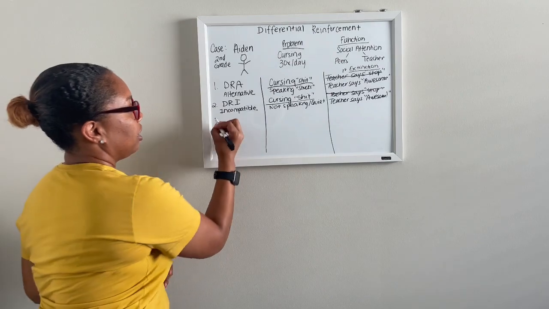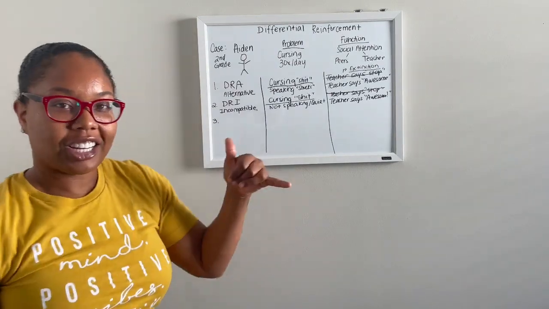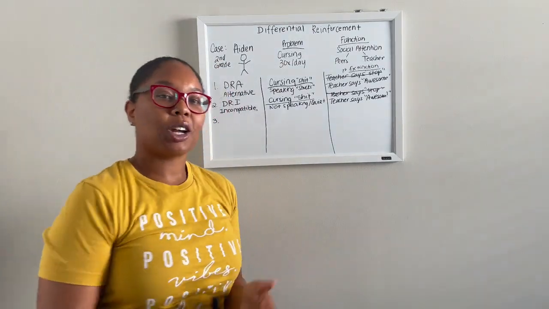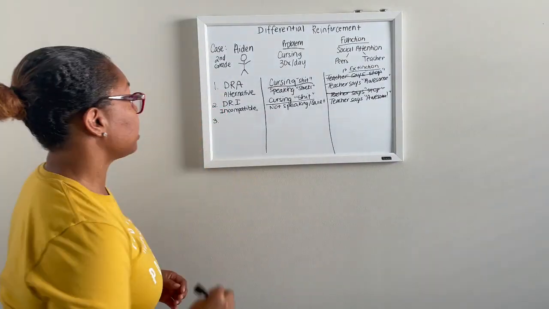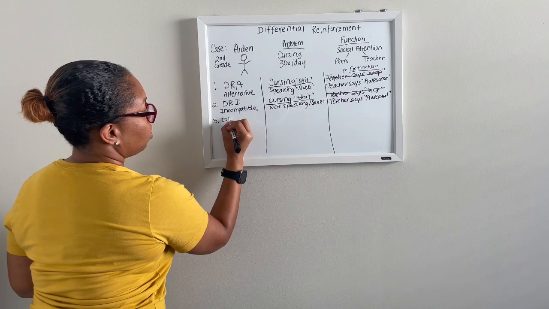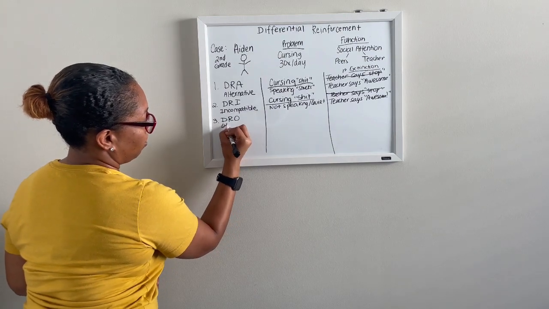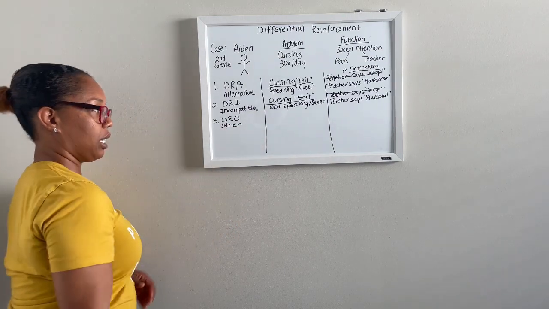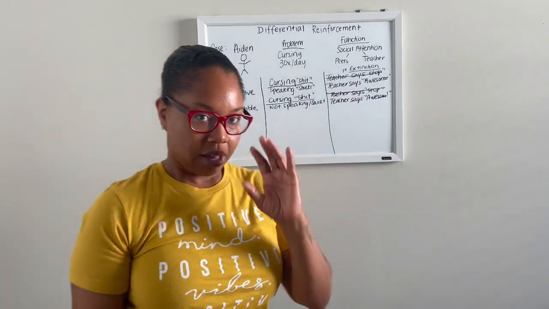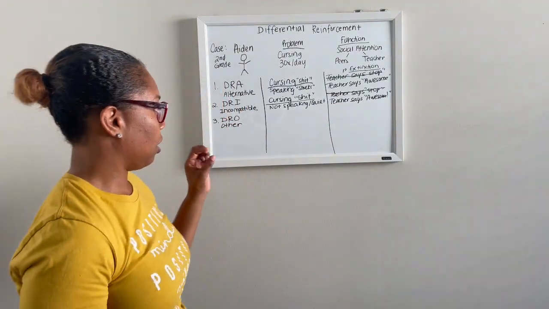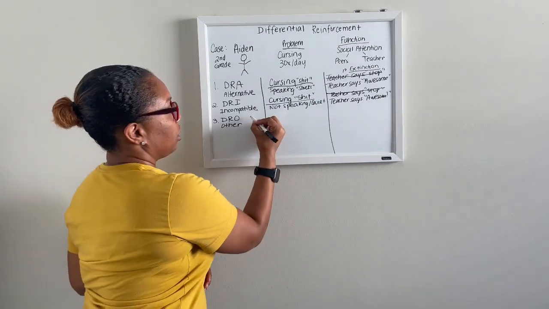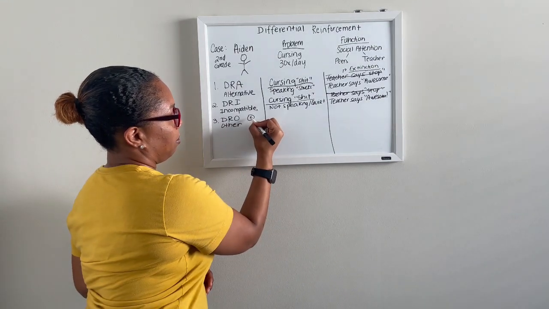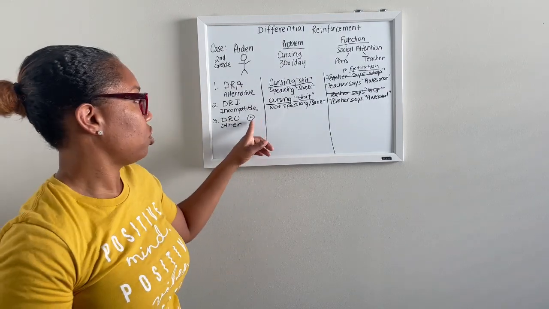All right? So we covered DRA, DRI. Now let's talk about DRO. DRO stands for differential reinforcement of other behavior. The O means other. So what does that mean? Here is a key word to help you remember what DRO has to be. DRO has to do with time. All right, that's my little clock to show you time.